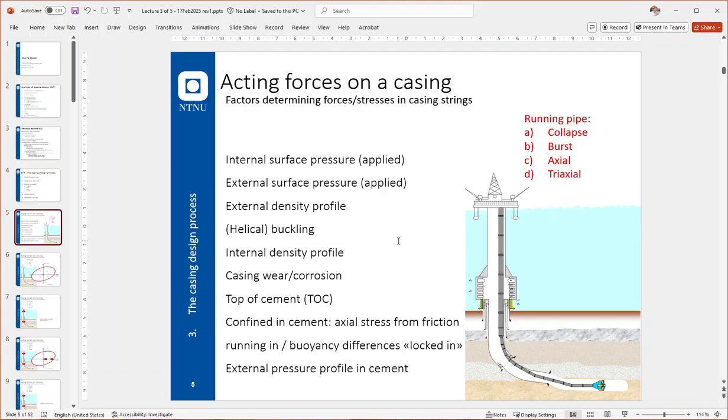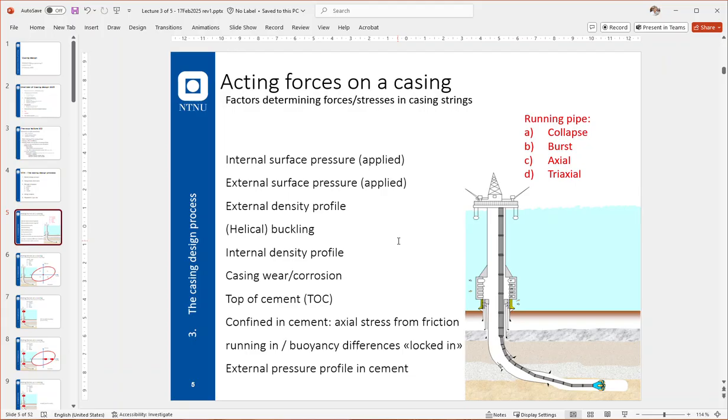We say that in the phase between 1 hour after pumping in place until it has been fully set up and built its yield strength, the cement is not a liquid anymore, and it's not entirely a solid. So we give it a density profile of 1.0 SG. That's what we say in casing design.